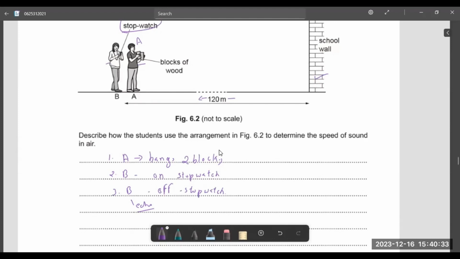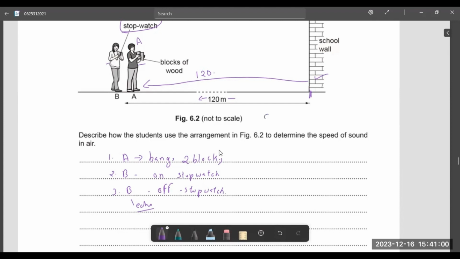And from this, they can find the distance. Here, as they are hearing the echo, the distance is 120 meter to the wall, and it travels back again, so we need to add another 120 meter. So the total distance will be 240.